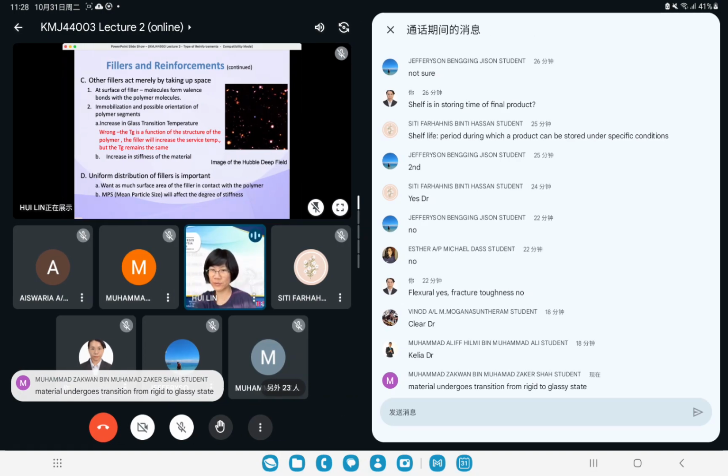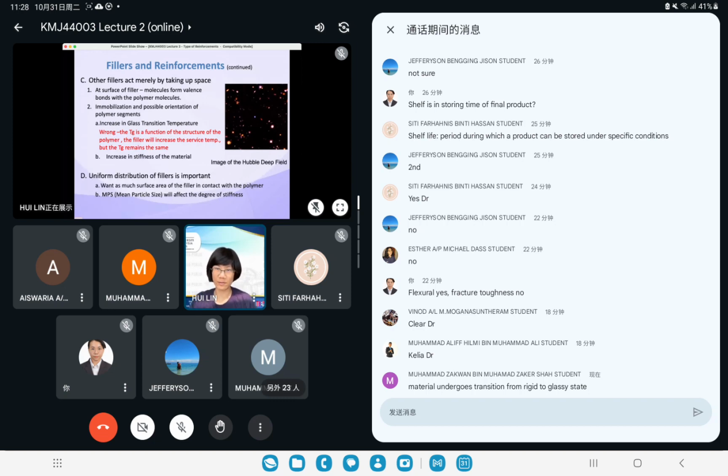Material undergoes transition from rigid to glassy state. What do you mean by from rigid to glassy state? Rigid.